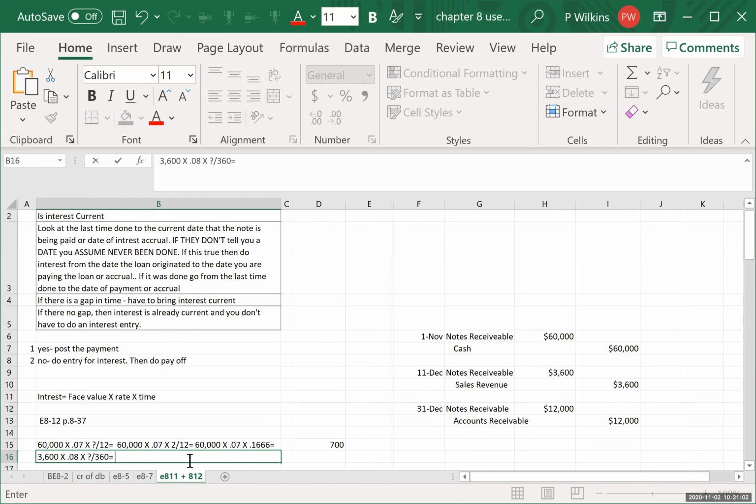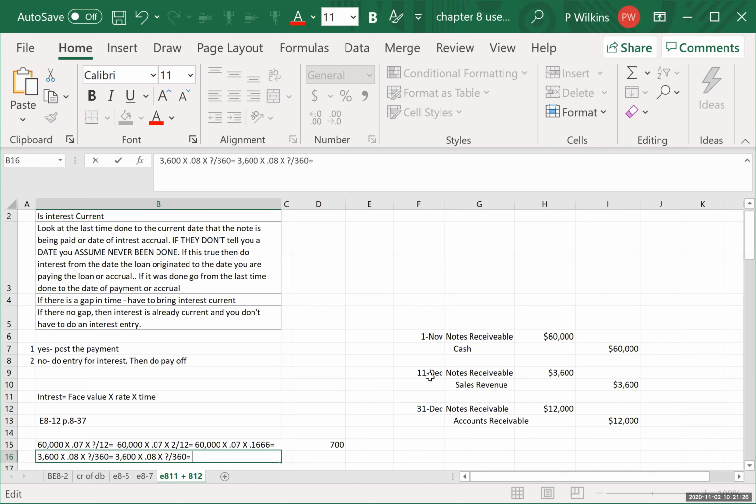We don't know what it is yet. So we ask ourselves, when was the last time interest was done? If they don't tell you, you assume it's never been done, so you go from the origination date of the loan to the date you're doing the interest.